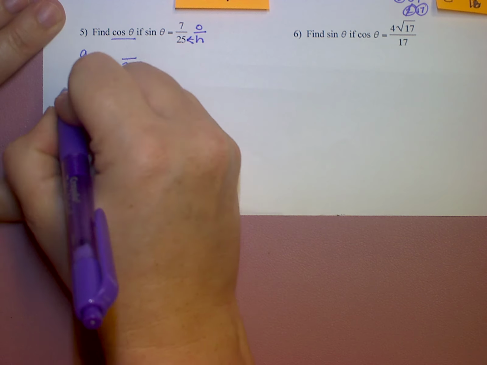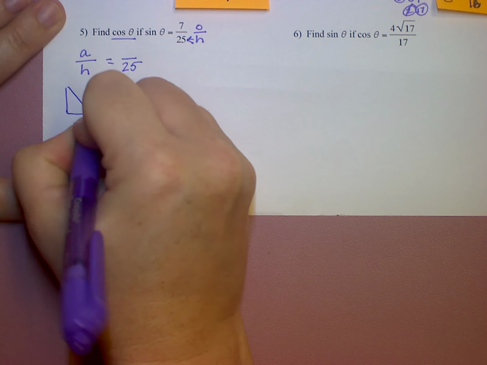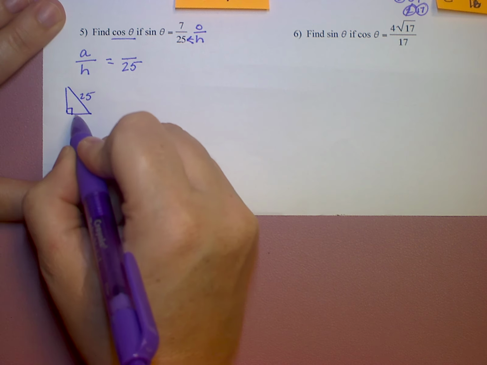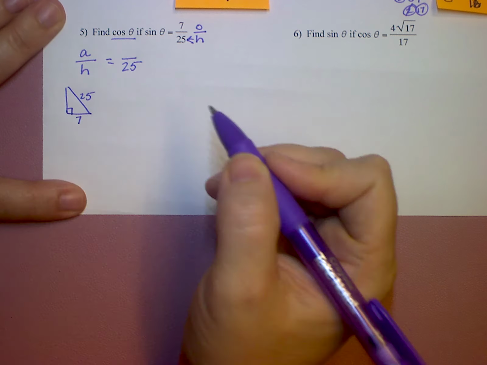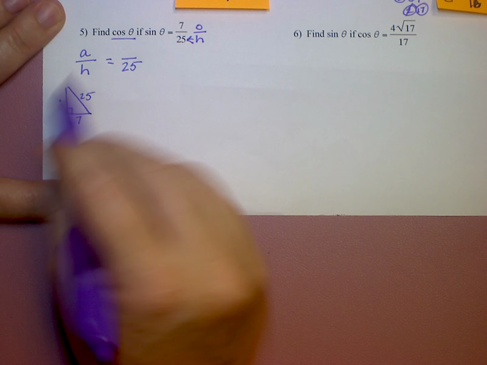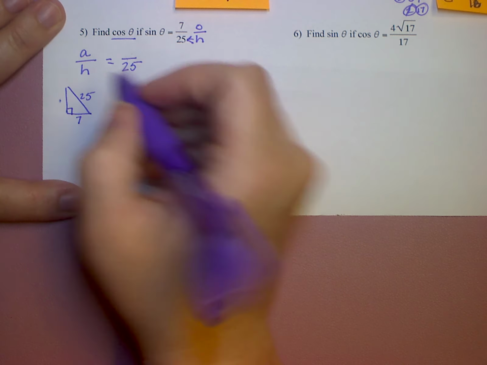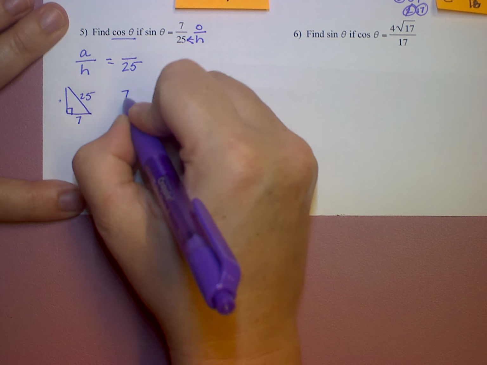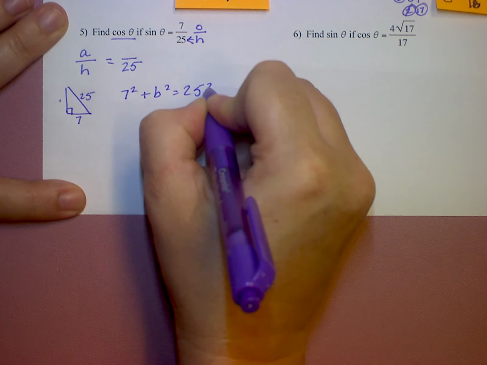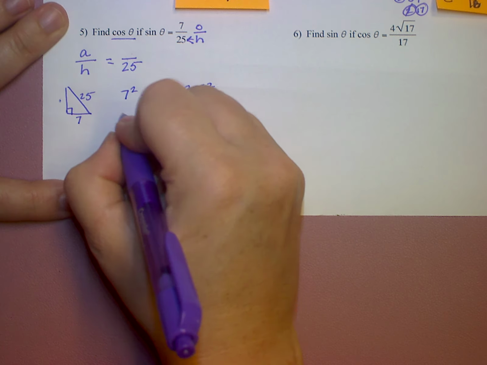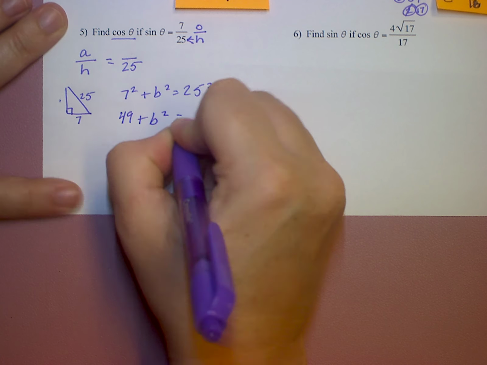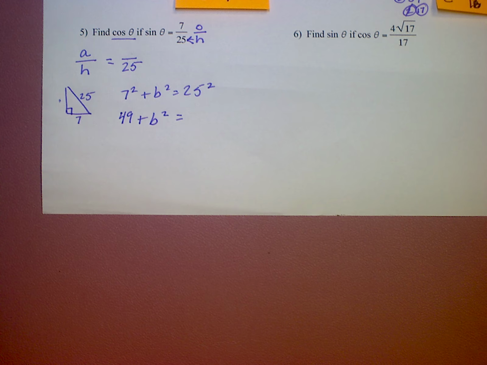If I draw a picture to go with this, I know that the hypotenuse is 25, and I know that one of the sides is 7, but what I really need is the other side, right? Because that's what's going to be my numerator here. So let's say 7 squared plus b squared equals 25 squared. That's 49 plus b squared equals 625.